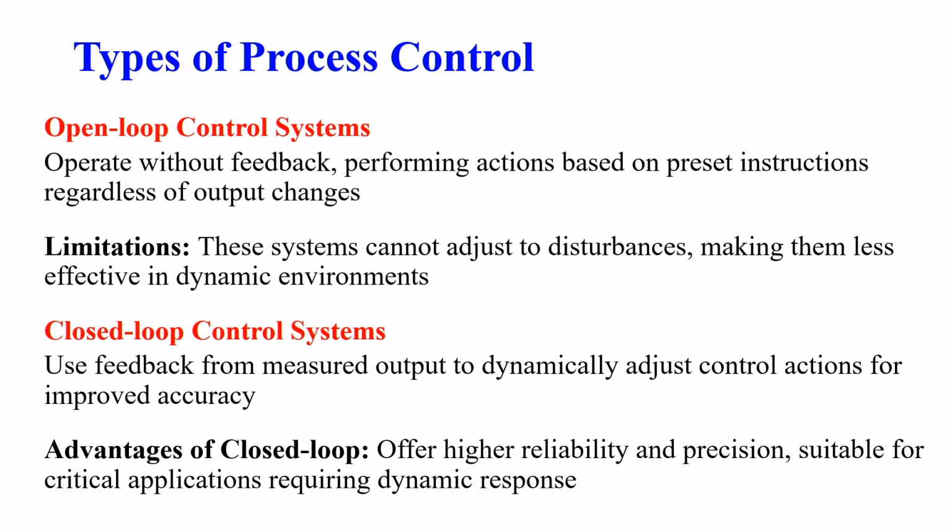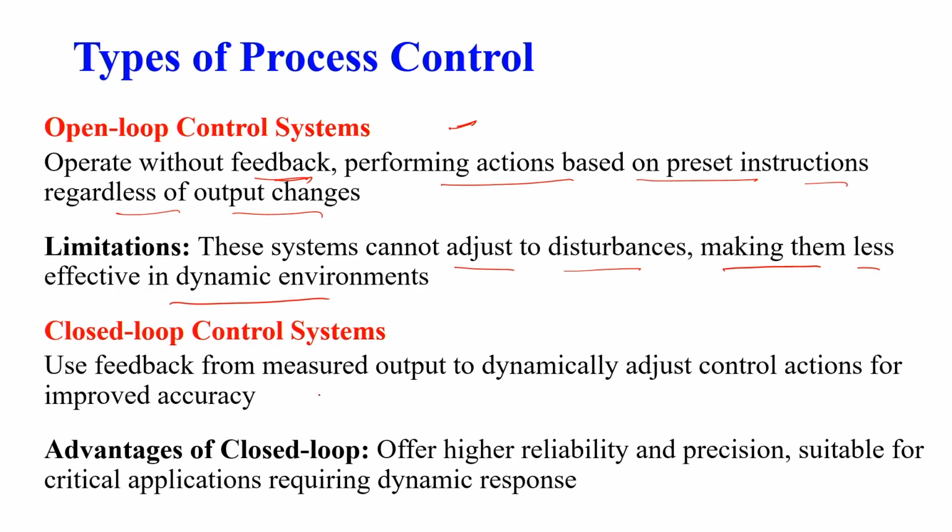A type of process control, one is the open loop control system. It operates without any feedback, performing action based on preset instructions regardless of output changes. It has certain limitations, like the system cannot adjust to disturbances, making it less effective in a dynamic environment.